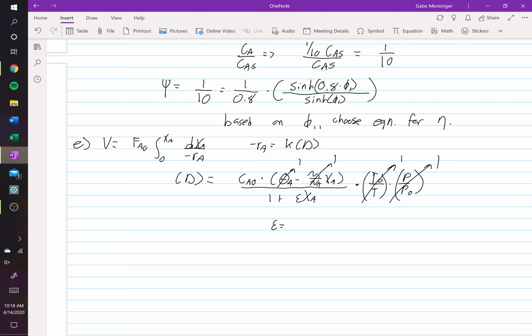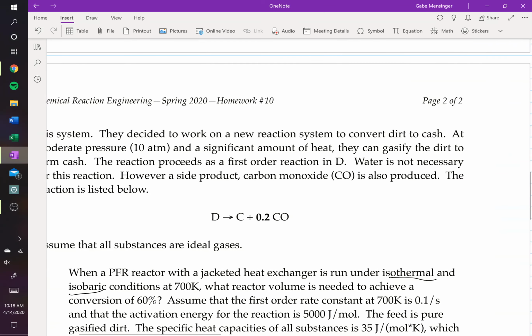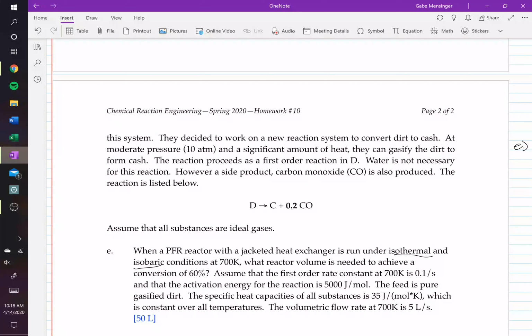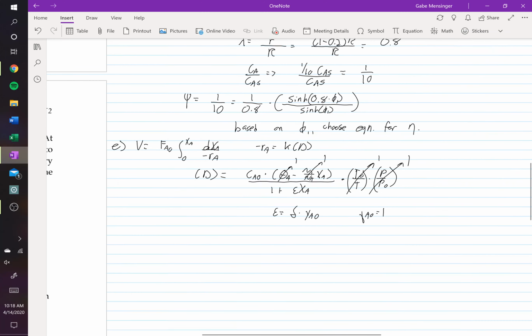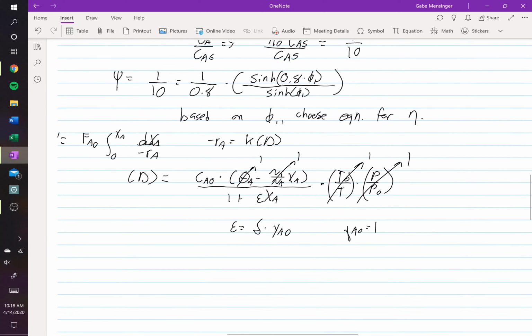Epsilon, remember, is delta times y_A0. We only have pure gasified dirt coming in, so y_A0 is equal to 1.